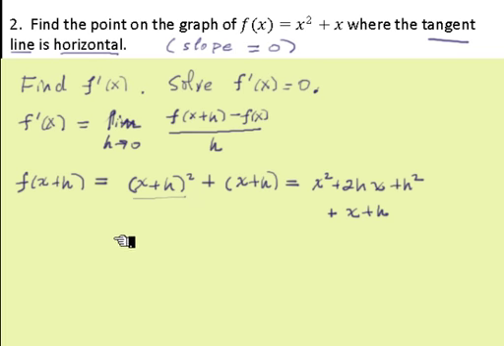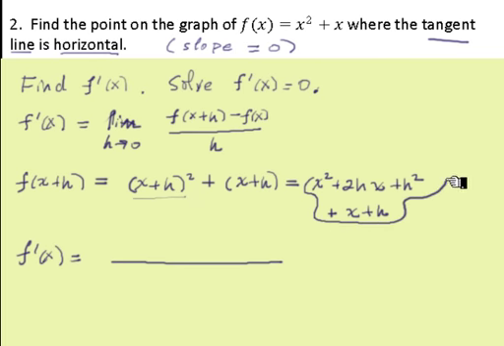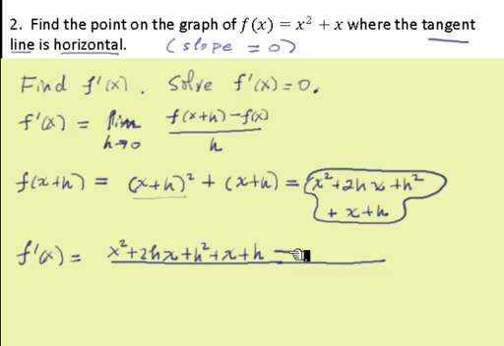All right, and now let's substitute right here. So we have f prime of x is equal to, we're going to write out this entire expression right over here: x squared plus 2hx plus h squared plus x plus h minus f of x.